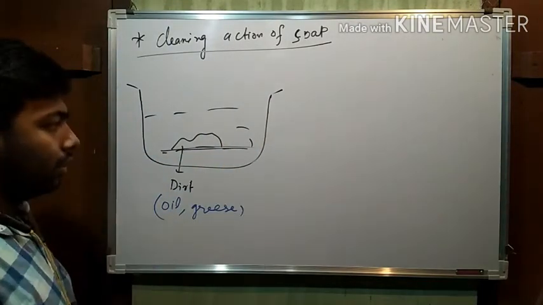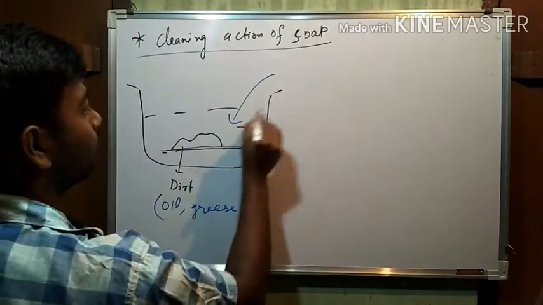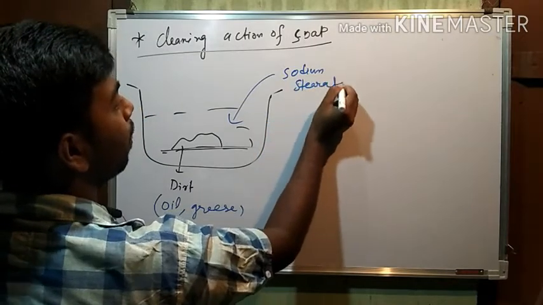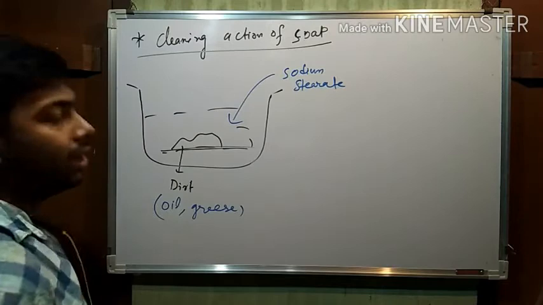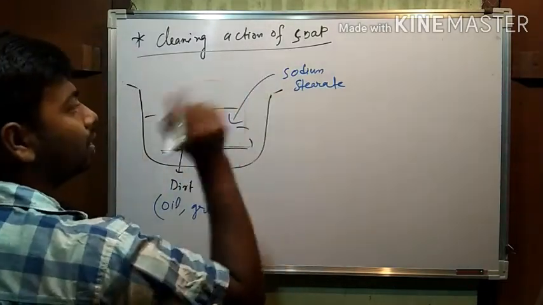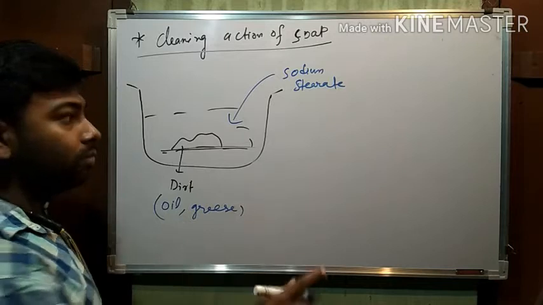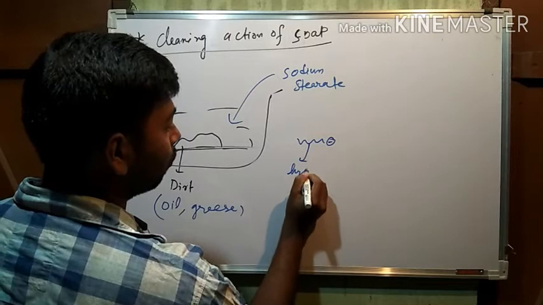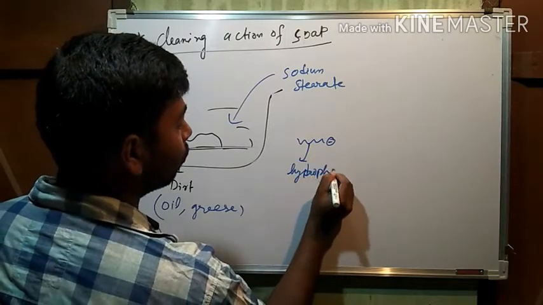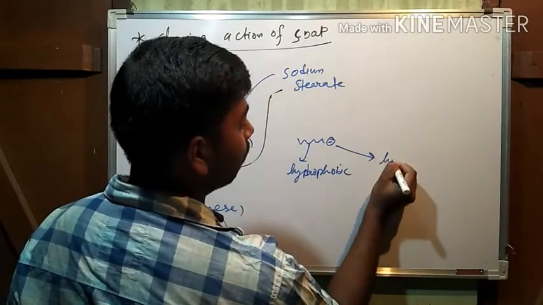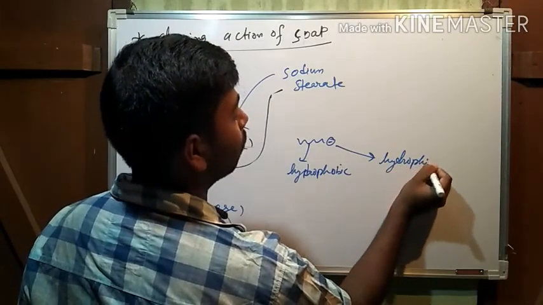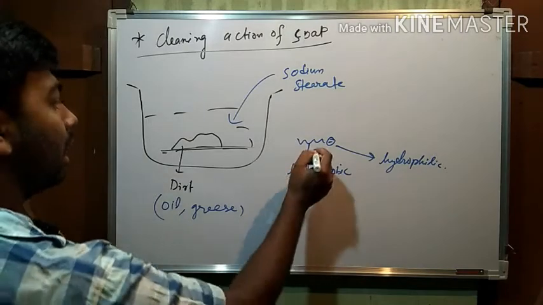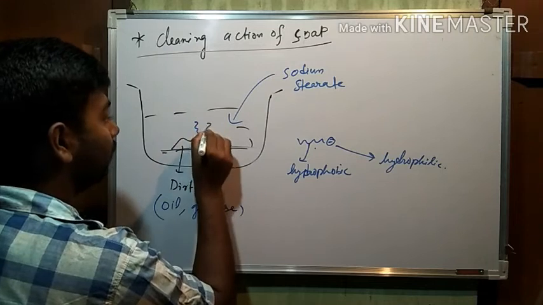When we add detergent, or you can say soap, soap means sodium stearate, at low concentrations, then the water repelling part of that sodium stearate, that means this one is hydrophobic and this one is hydrophilic. This one is hydrophobic, that means water hating. This hydrophobic part will attach this way.